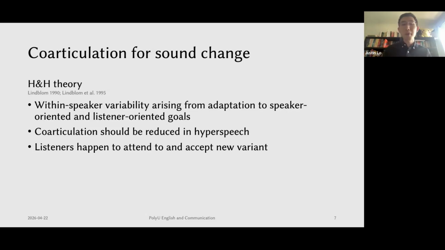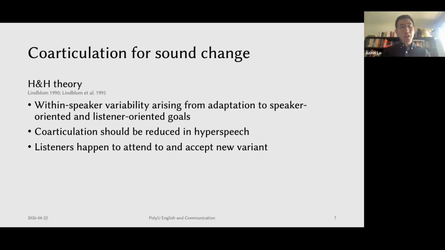People can expect very well what you're going to say, and so you can do a lot of speech reduction without having to clearly articulate, and people still understand you perfectly well. And so this spectrum between hyperspeech and hypospeech gives rise to a whole spectrum of possibility of within speaker variability of what they can produce as particular speech sounds, even for the same phonemes, for the same categories.